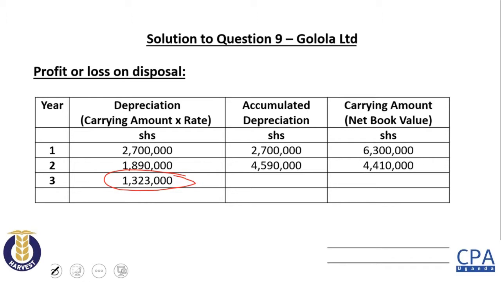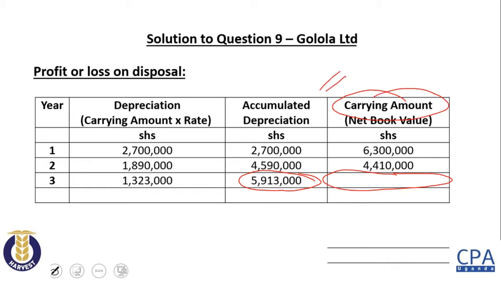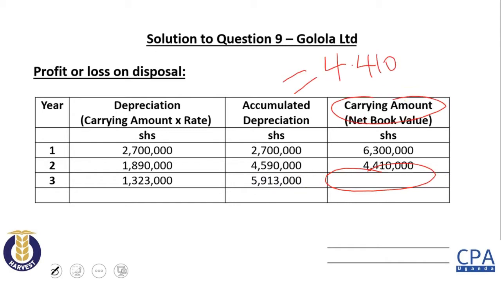For the accumulated depreciation in year number 3, we add the depreciation charge for that year and the accumulated depreciation from year number 2, which gives a figure of 5,913,000. At the end of year number 3, the carrying amount is going to be 4.410, the previous year's carrying amount, minus the depreciation charge of 1.323 for this year, and my calculator gives a figure of 3,087,000.